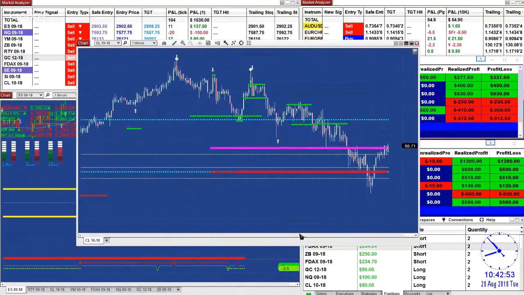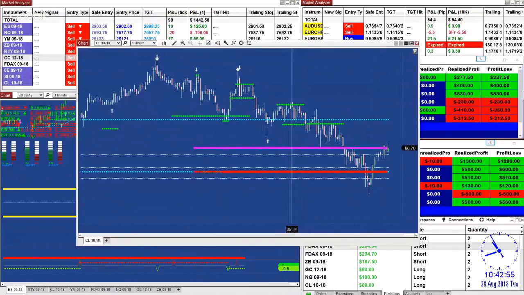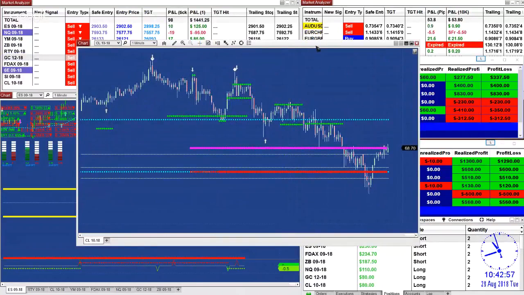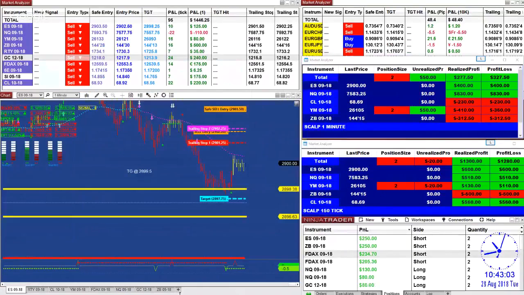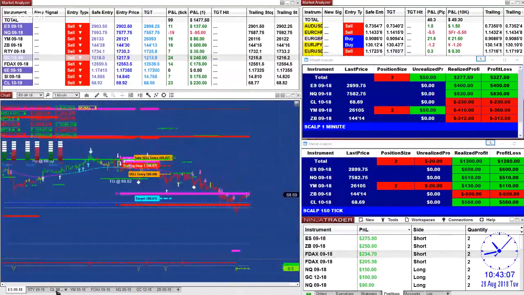However, the CL is looking much better, a chart to take a trade from than any other. Let me look at the CL. Maybe we can get a trade on the CL.